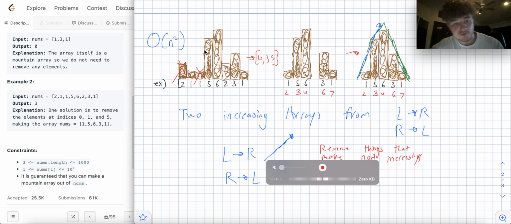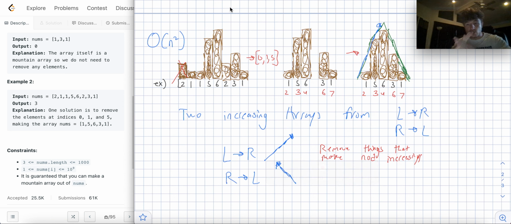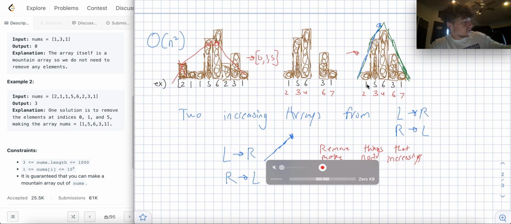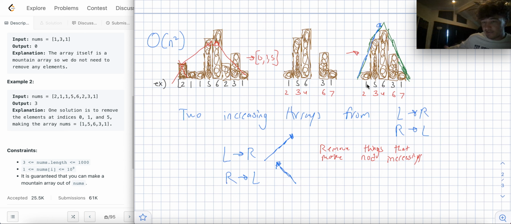In this case, I can remove these 2 elements and it's 1, 5, right? But I'm trying to find increasing arrays going in both directions, right? So if I find increasing arrays going in this direction and increasing arrays going in this direction, the intersection point is the hill. Really, what's the longest increasing array I can get from the left? What's the longest increasing array I can get from the right? And meeting at some point, okay? So let's think about that here.